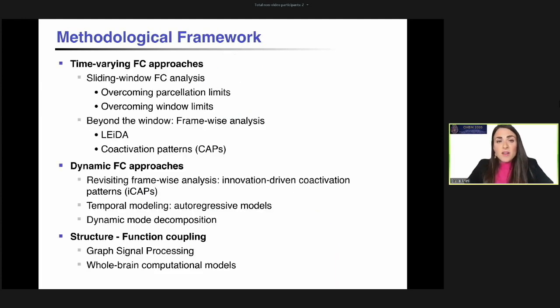So in this talk, I will give details about the mainly used methods in literature belonging to these two categories, so time-varying FC approaches and dynamic FC approaches.